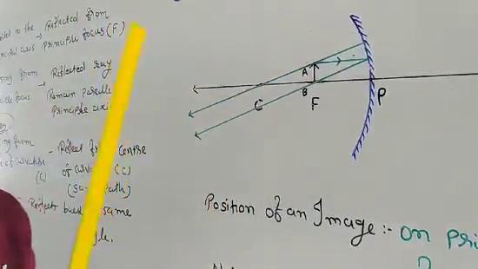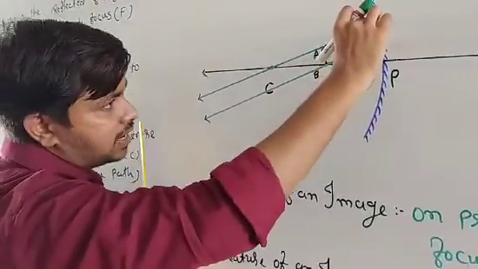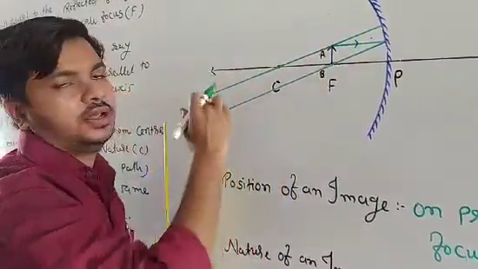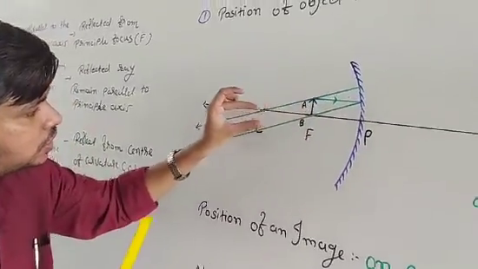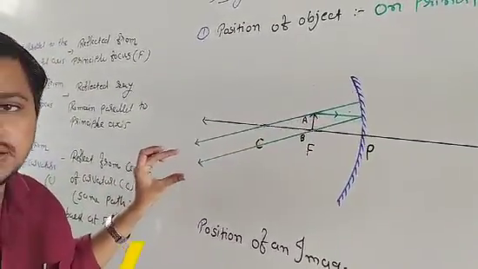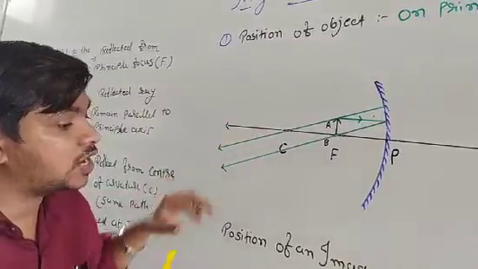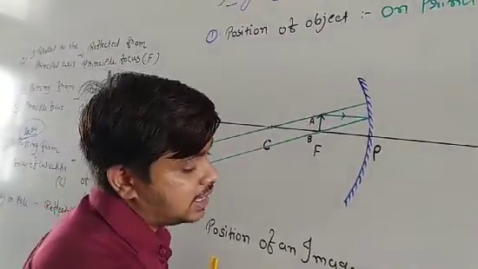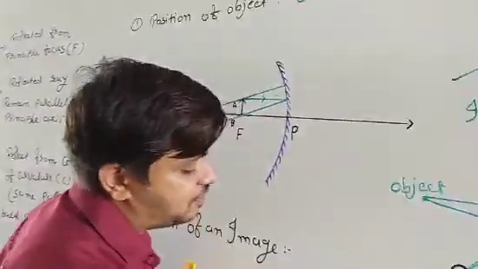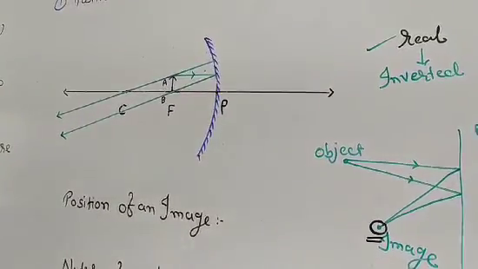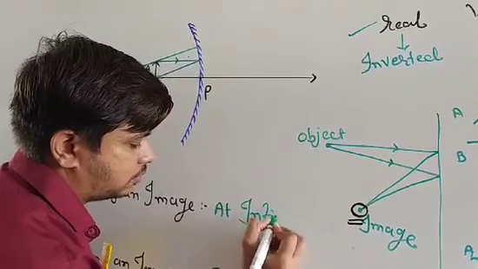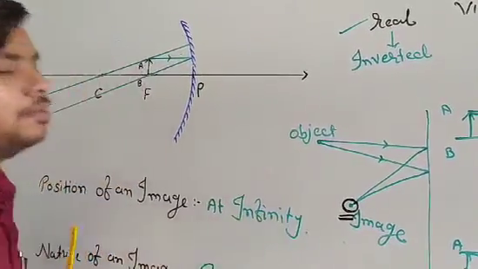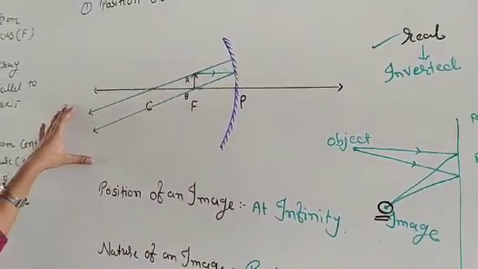Then what you can see here is that the two rays are going parallel to each other. There is no change in the distance between these two rays. Understand? If two rays are parallel to each other, then you can say that they will meet at infinity.